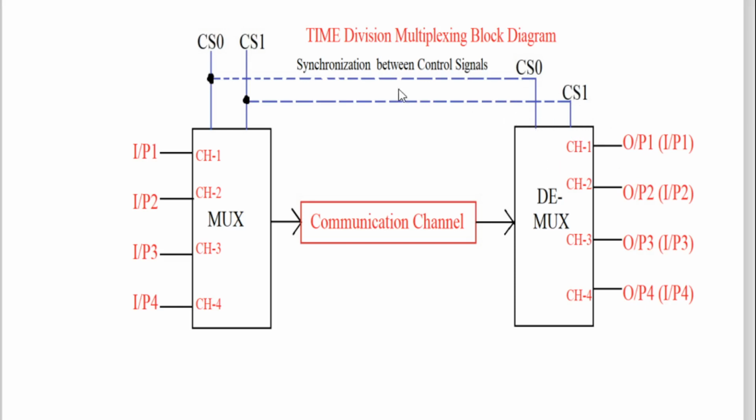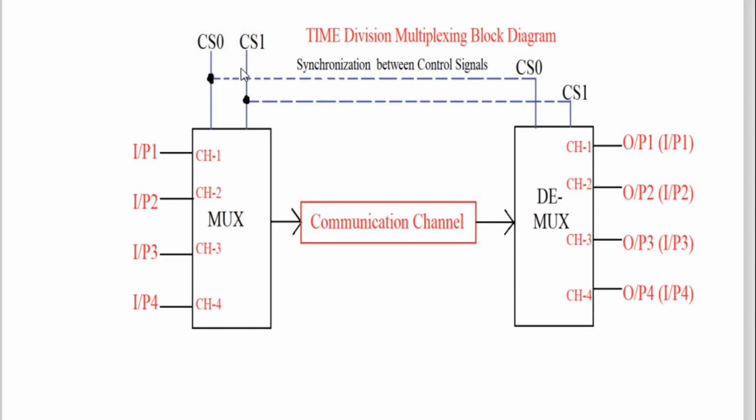And therefore you will observe here the synchronization between control signals. When this is 0, 0, this is also 0, 0, meaning control signals of the multiplexer and demultiplexer are well synchronized.